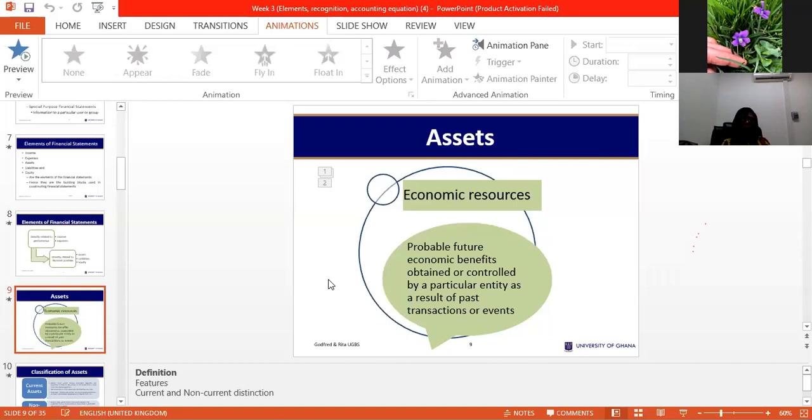But what is the purpose of obtaining or controlling that resource? It is to be able to obtain some economic benefits. That is how the standards or guidelines have defined assets. But in layman's language, we normally refer to assets as the things or resources that the business owns.